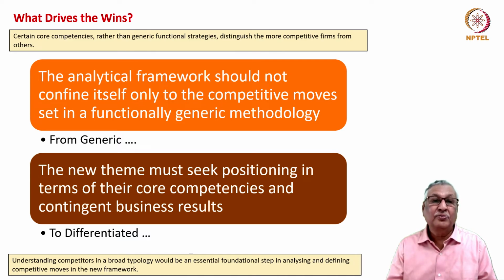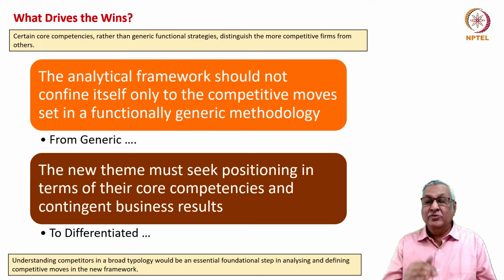This winning position is supported by core competencies rather than generic functional strategies. If you look at being a cost leader or being a differentiated company, you are not going to win in the competitive moves substantially, because more competitive firms possess certain core competencies.